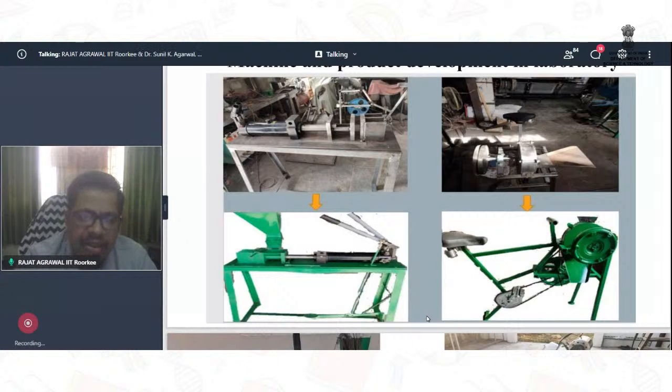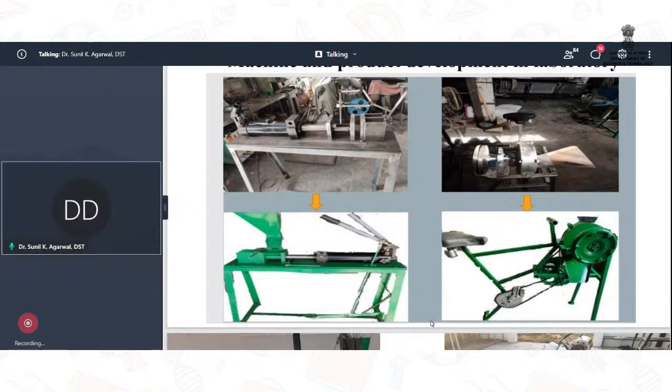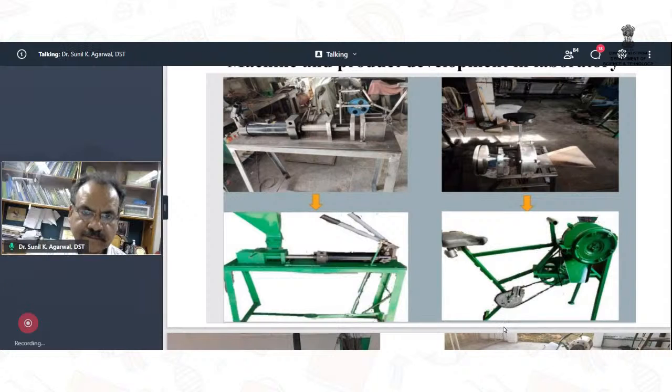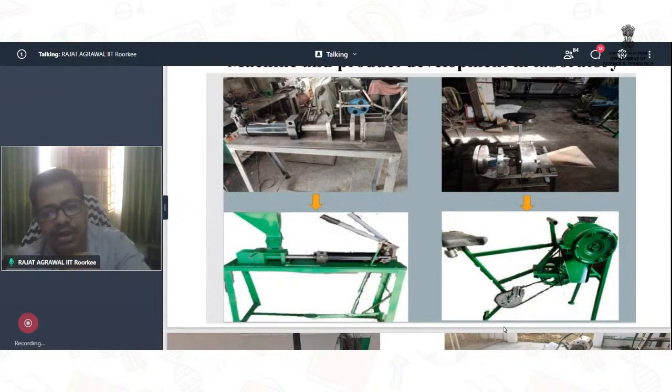So on one side, when the society is ready to accept, on the other side, we also need to provide someone who can make those machines, because these machines we provided from the project budgets. But later on, we are now in the stage where the villagers are ready to purchase these machines. So the manufacturer whom we have developed can now supply those machines on his own without taking any help from us. That I feel is a great success.